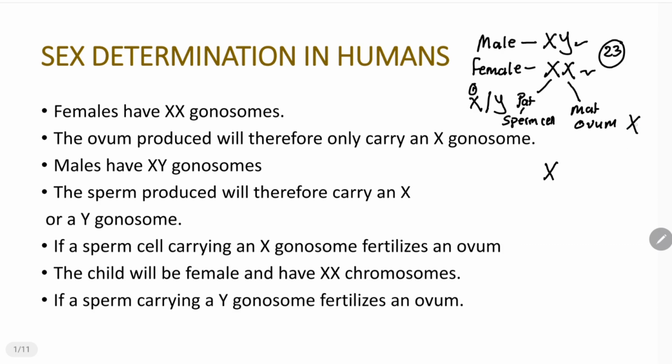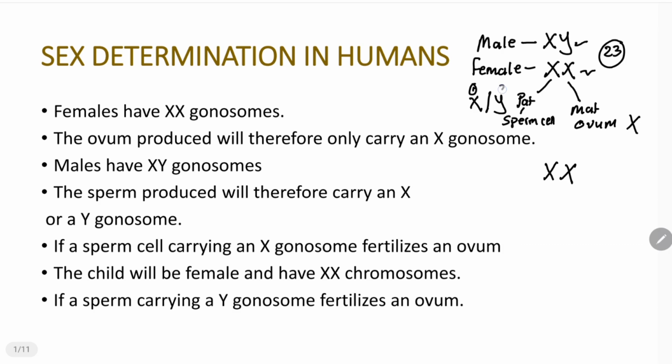So if fertilization occurs, in position 23 there's going to be this X chromosome from the paternal origin and another X chromosome from the maternal origin, therefore resulting in a baby that is female. It therefore tells us that if the sperm cell of the father contains an X chromosome, then the baby that is going to be born is going to be female, simply because the mother will always contribute an ovum that has got an X chromosome in position 23.